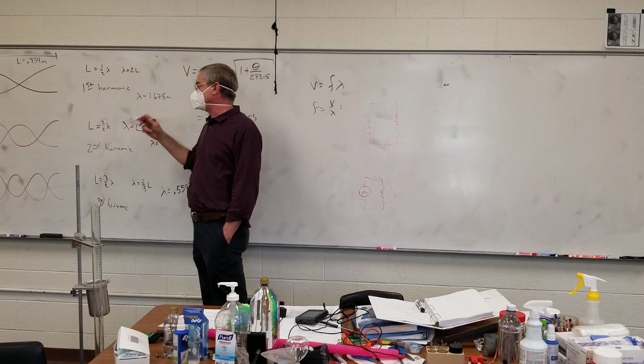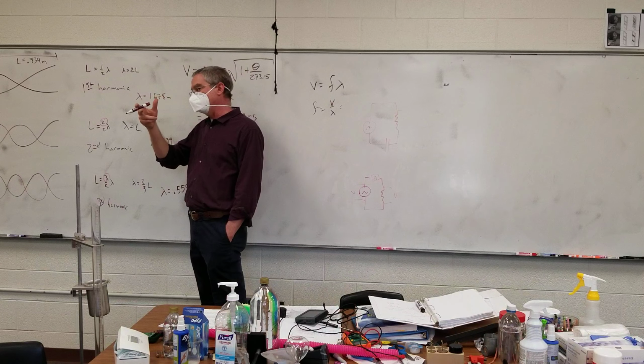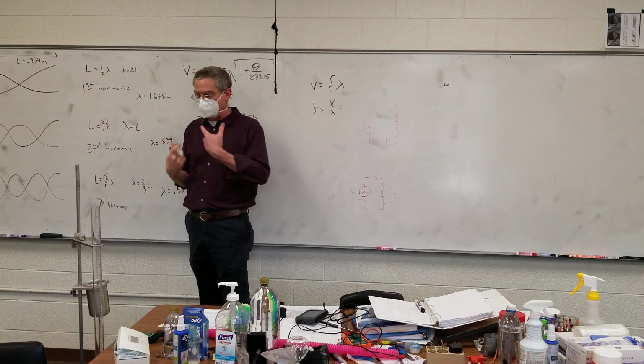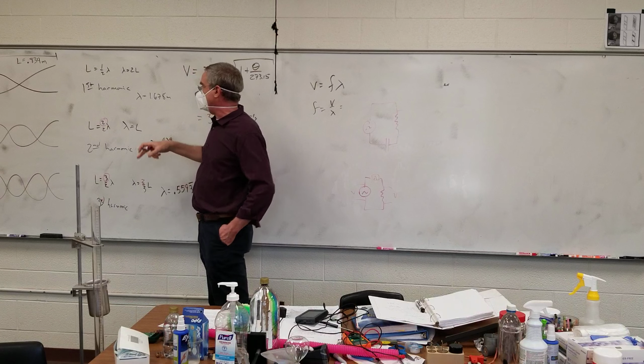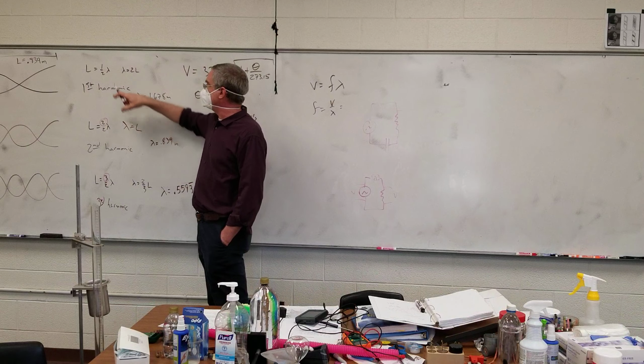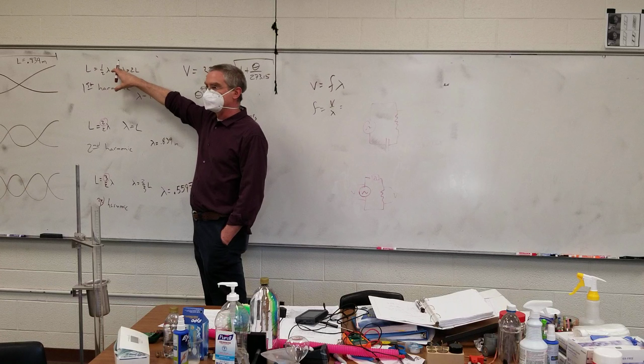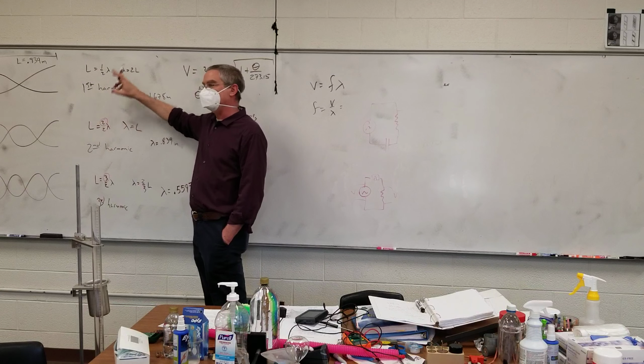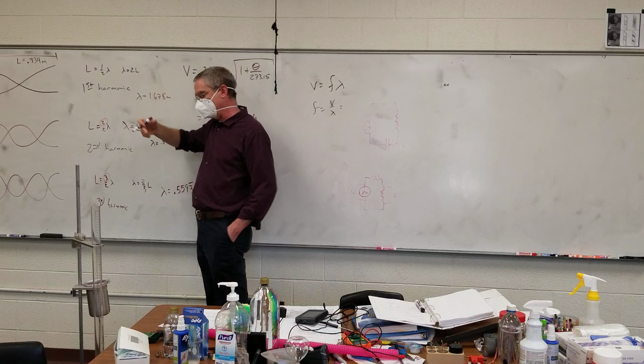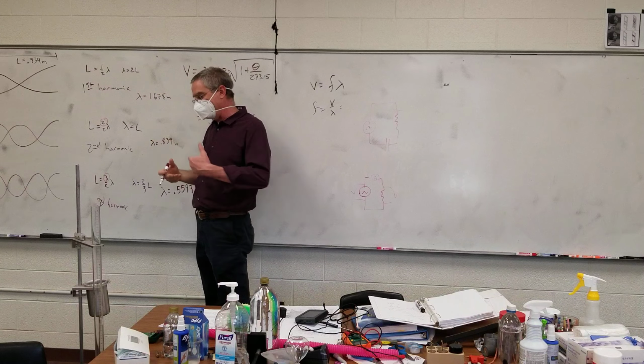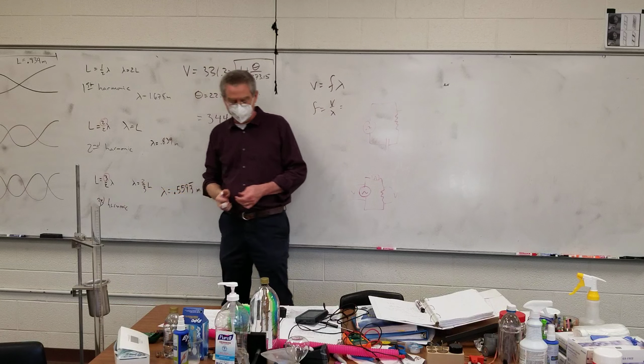And it's also going to apply for the 1 fixed, 1 free end, which we'll do after this. In those cases, the first one will be some value, the next one is going to be 3 times that. So for the case of the 1 fixed, 1 free, it's the first harmonic, then the third harmonic, then the fifth harmonic. Only the odd harmonics exist.